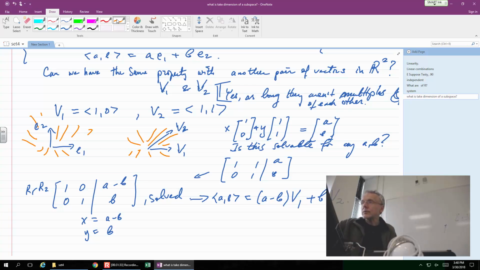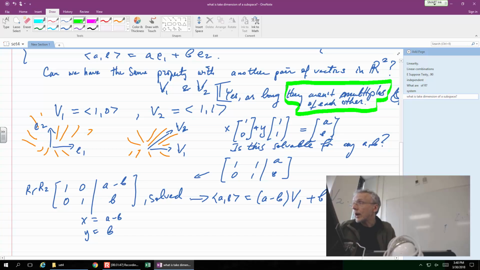Look at these, by the way. What does it mean in terms of our matrix? Our matrix, after all, is made of these two.